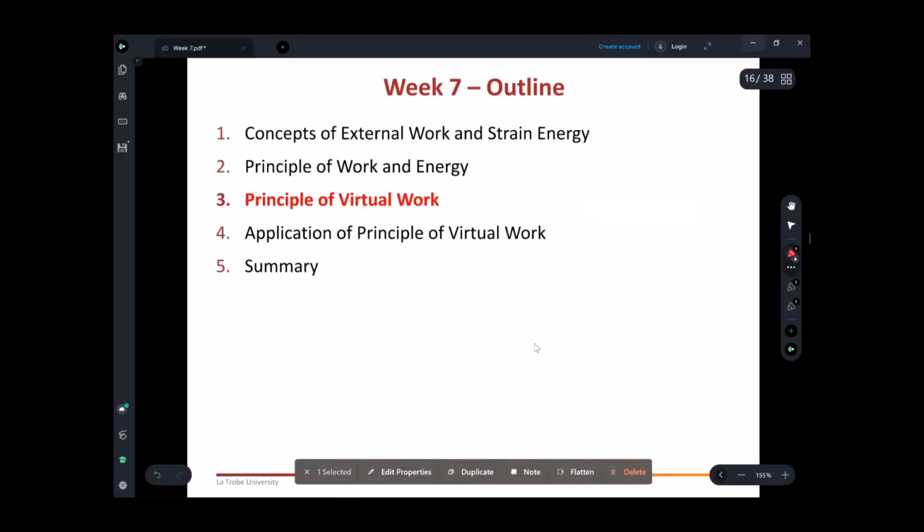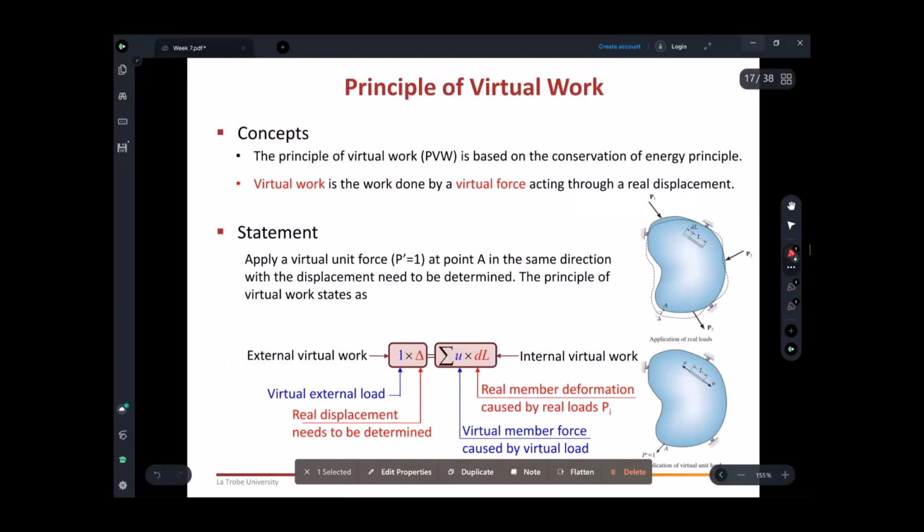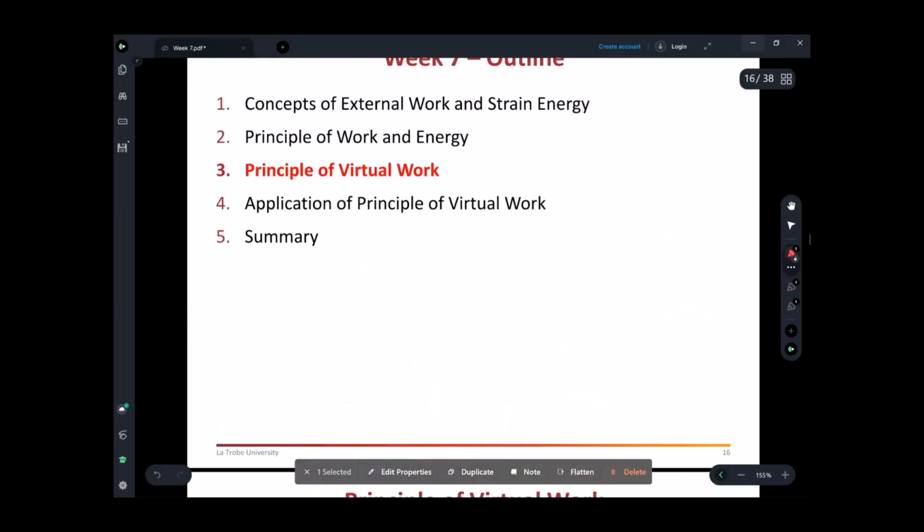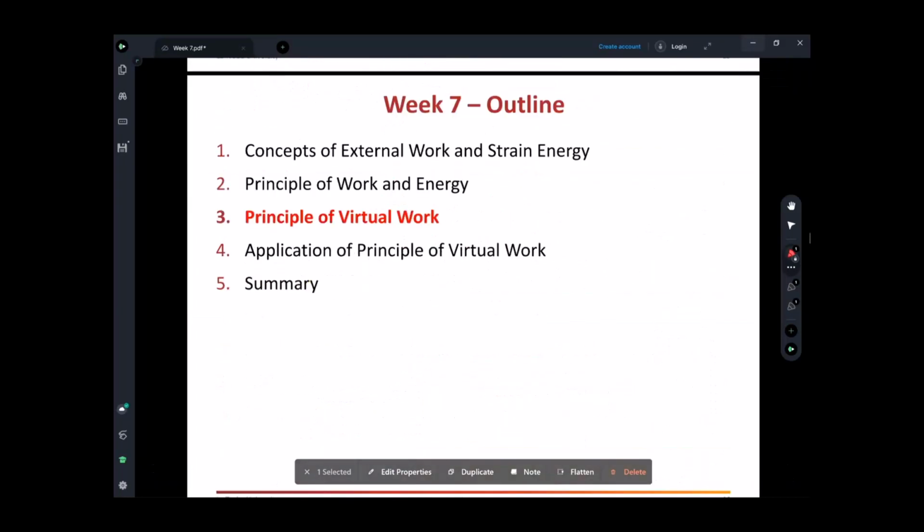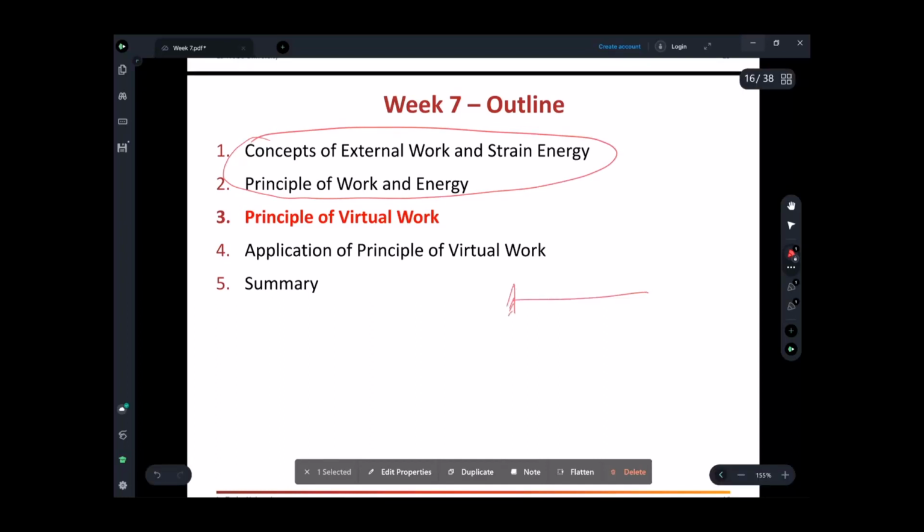Now we have a problem. What's the problem? The problem is, in the previous methods, when I apply the load, I can find the displacement delta at the point where I am applying the load.